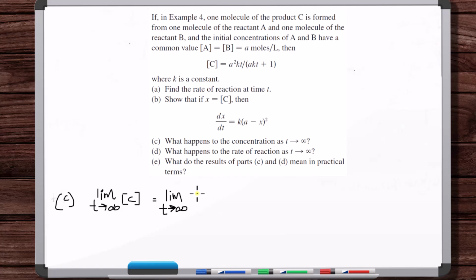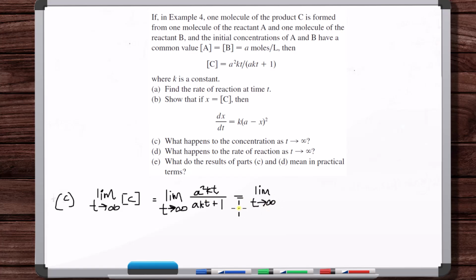So the limit as t approaches infinity of a squared kt over a kt plus 1. Well, okay, how do we do this limit? Remember, this is a rational expression.